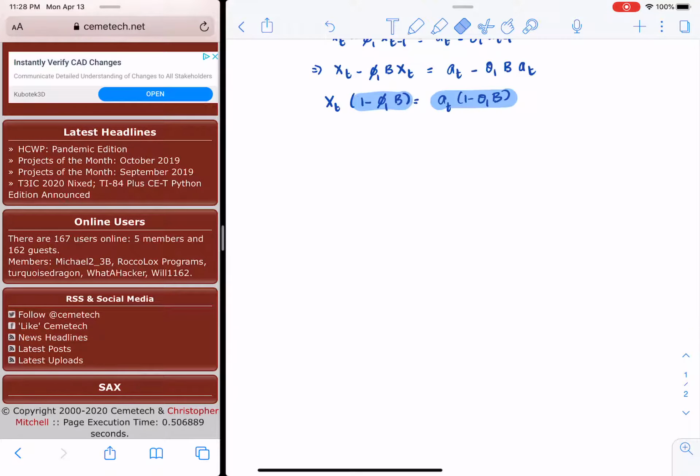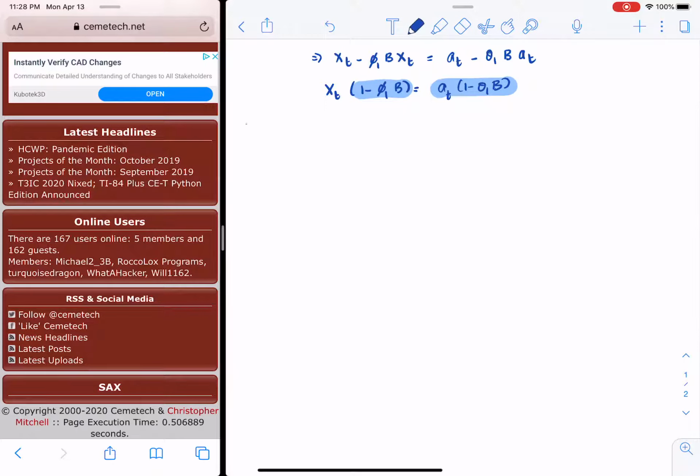So first off, recall the definition of a linear filter, where we represent the series in terms of noise components, a_t. So we are going to try and do that to our ARMA 1-1 model. So I'm going to start with psi weights.